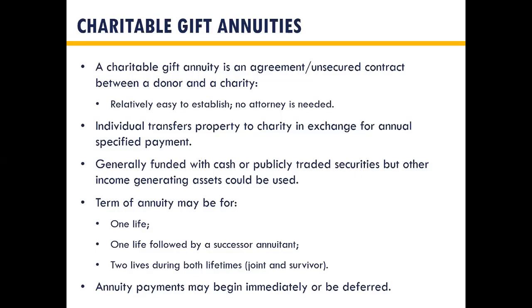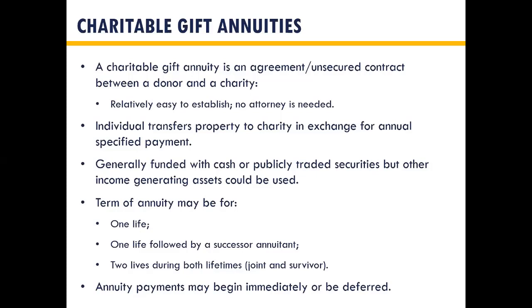So on a charitable gift annuity, typically the rate of return, if you want to call it, is not as high as a commercial annuity, because there is intended to be a charitable element to that annuity. So I'm not going to pay out what the normal commercial rates are paying, because there is some residue at the end of that annuity that is intended to go to the charitable organization.